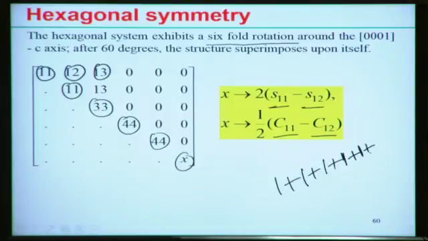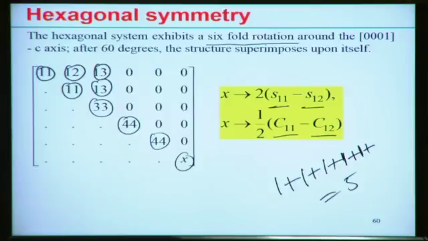That means x is in terms of 1 1 and 1 2. So we have a total number of constants 1 2 3 4 5. Because x is represented in terms of 1 1 and 1 2, a total of 5 constants is defined in the case of the hexagonal symmetric structure.